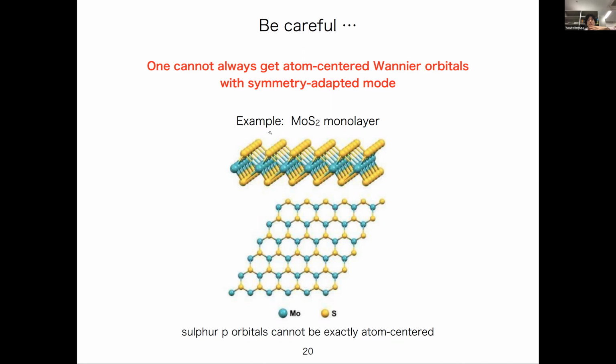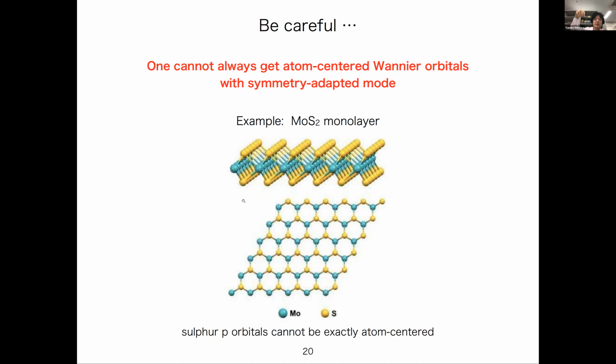So there is no reflection symmetry with respect to this sulfur plane. Then, for example, the position of the pz orbital of the sulfur should deviate from the atom center because we do not have symmetry, right?